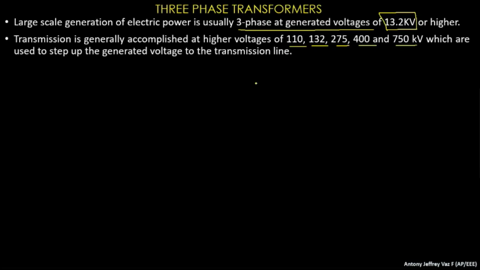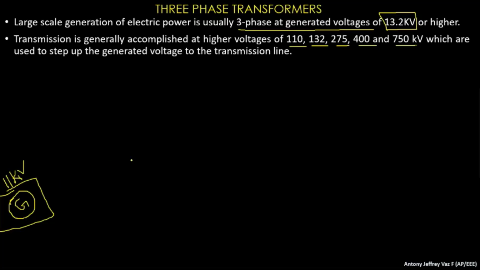So for a simple example, I will tell you what is happening in a real power station. Okay, you have a synchronous generator G in the thermal power station. Okay, the generator voltage will be 11 kV. Okay, consider this 11 kV.